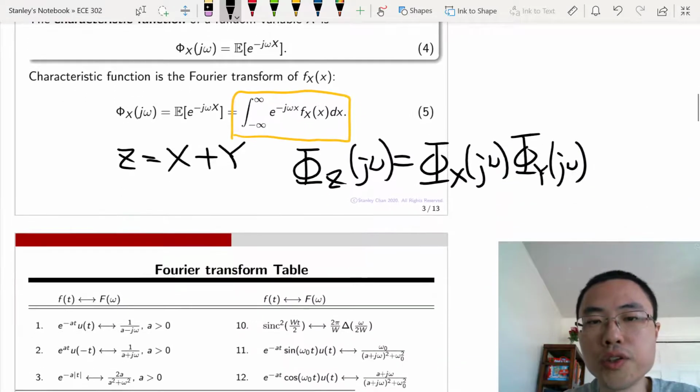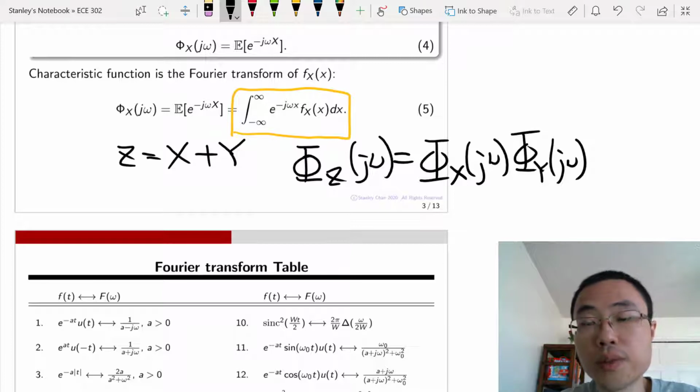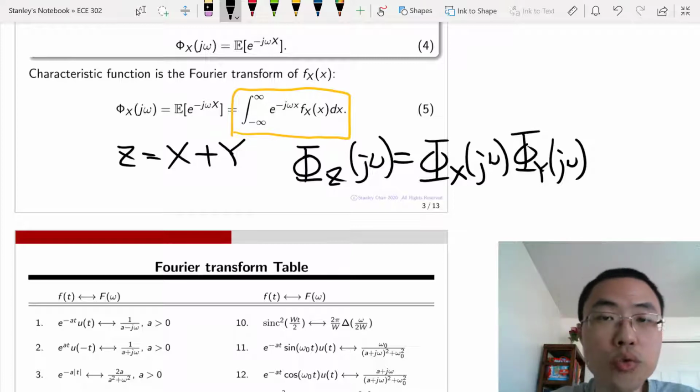This is really consistent with how we understand the Fourier transform. If you take the Fourier transform of x and y individually and multiply them, you will get the Fourier transform of z, and that is equivalent to taking the convolution between the two PDFs.